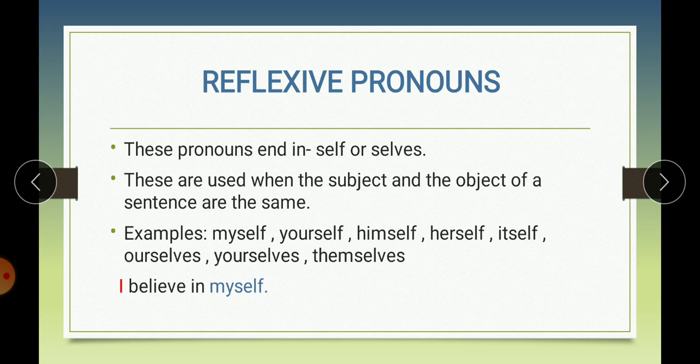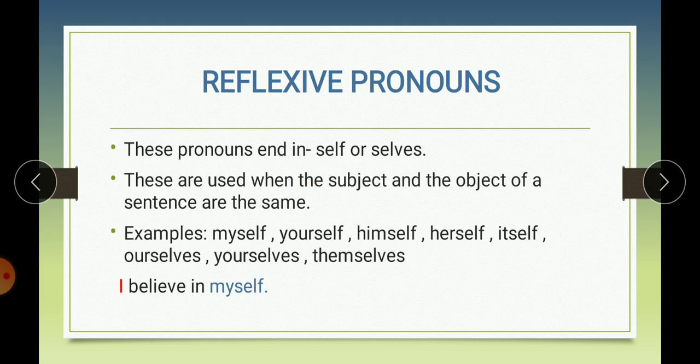The easiest way to identify reflexive pronouns is that they will have self or selves in the end, like myself, yourself, himself, herself, itself, ourselves, yourselves, themselves, etc. So reflexive pronouns end with self or selves, and these are used when the subject and the object of the sentence are the same.